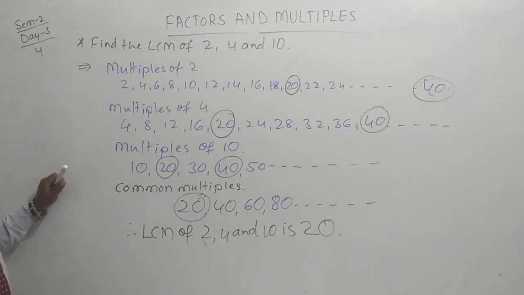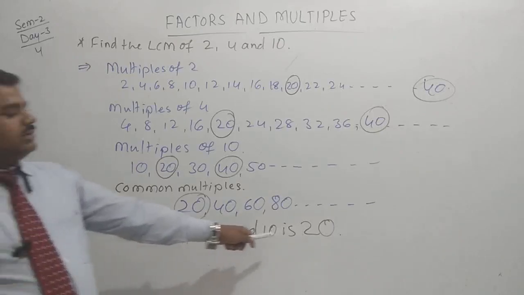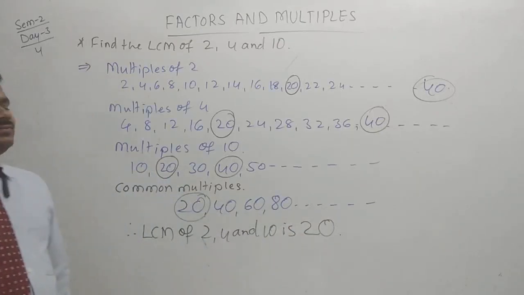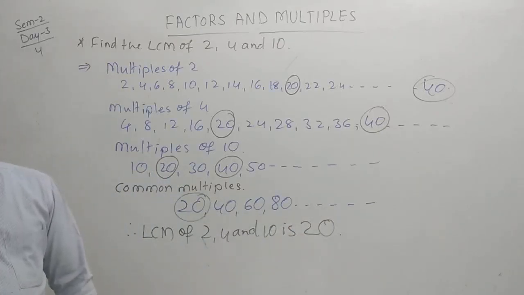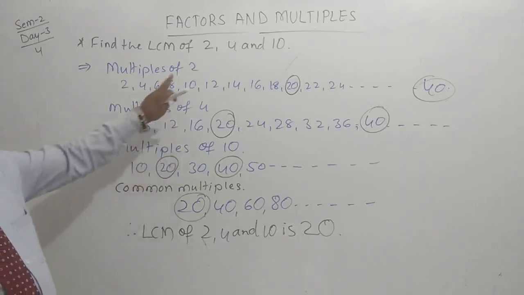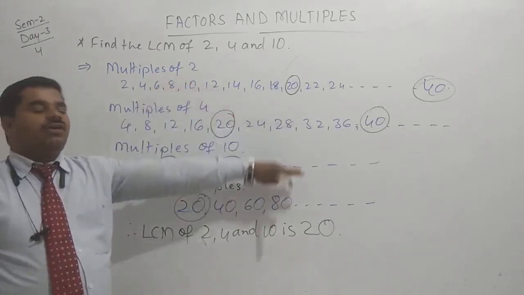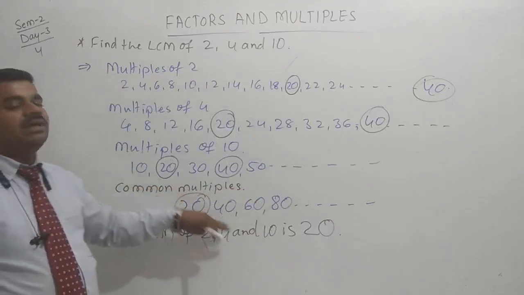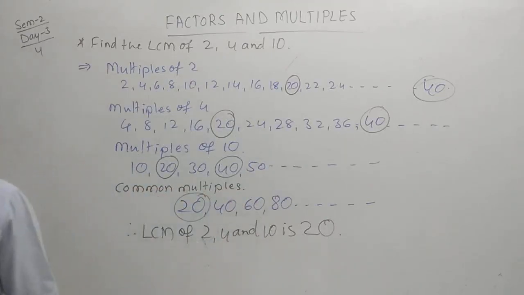That multiple is the LCM of these three numbers. Clear? Is there any doubt? No doubt. 3 steps: first write the multiples of all, list the common ones, and choose the smallest one. Then we can get the LCM of the given numbers.